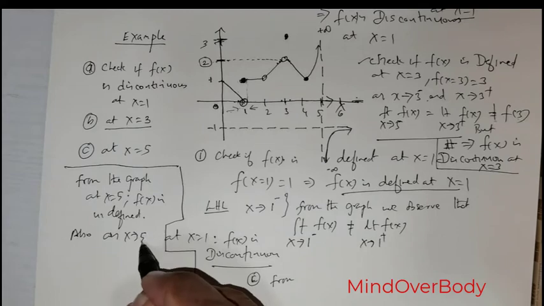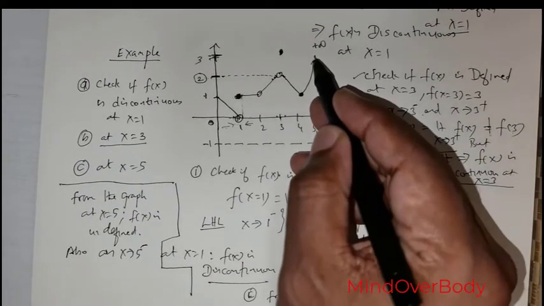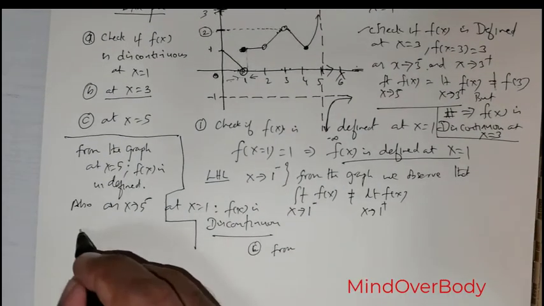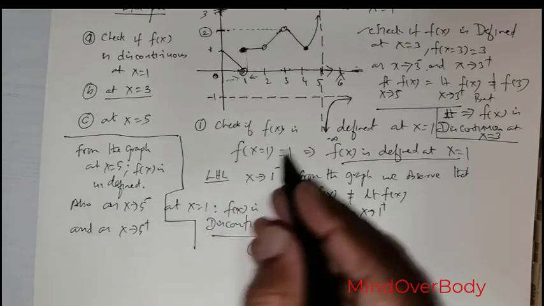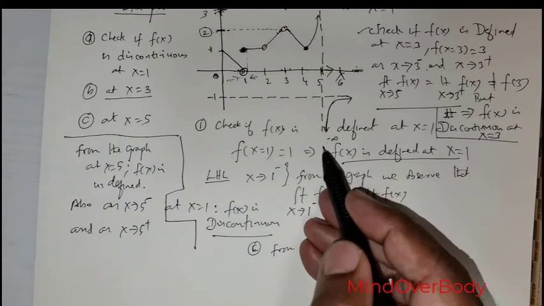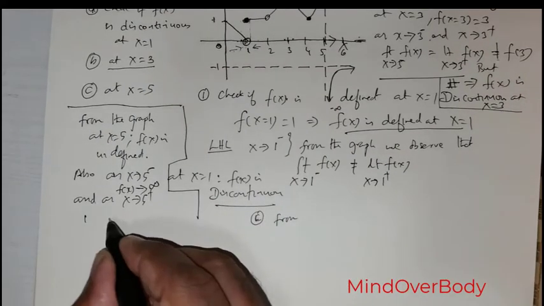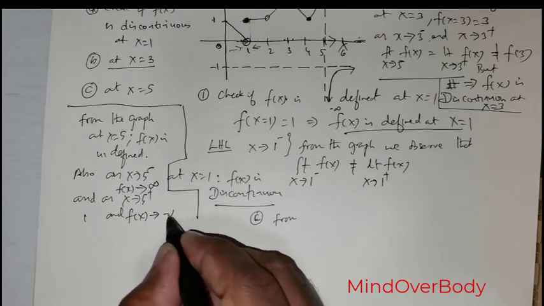as x tends to 5 from the left side, we are getting the function hitting positive infinity. And as x tends to 5 from the right side, the function is hitting negative infinity. f of x is going towards infinity, and in this case f of x is going towards negative infinity.